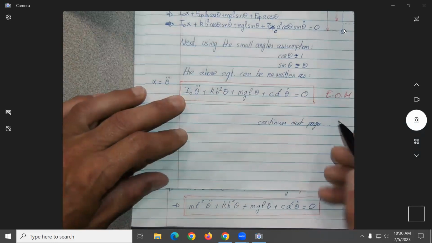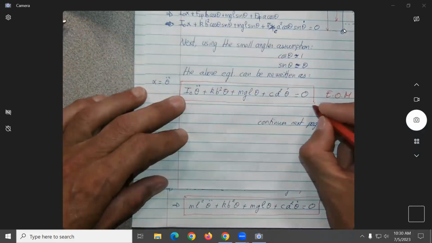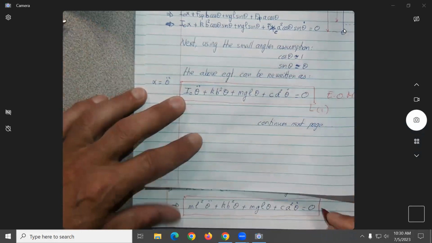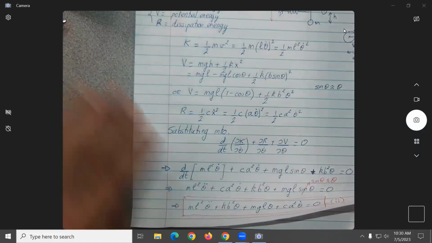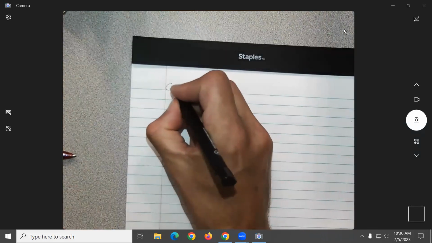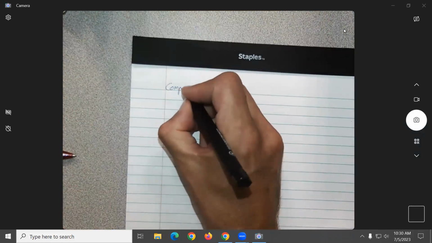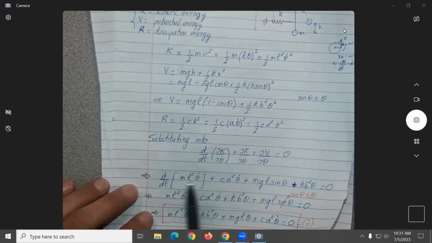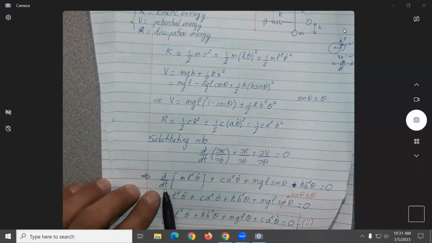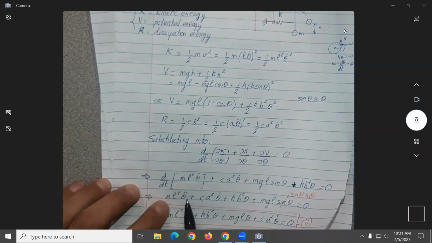So let's call this equation 1 and 2. You see here the d/dt, so it's only for that one.